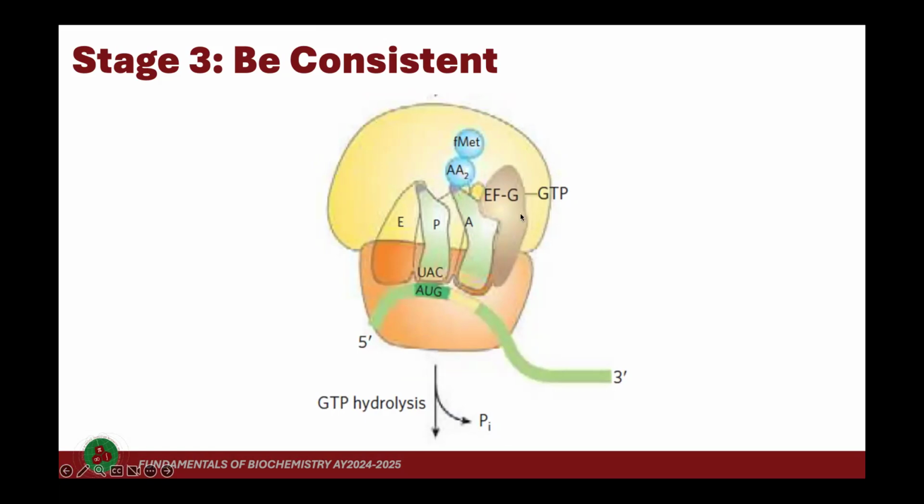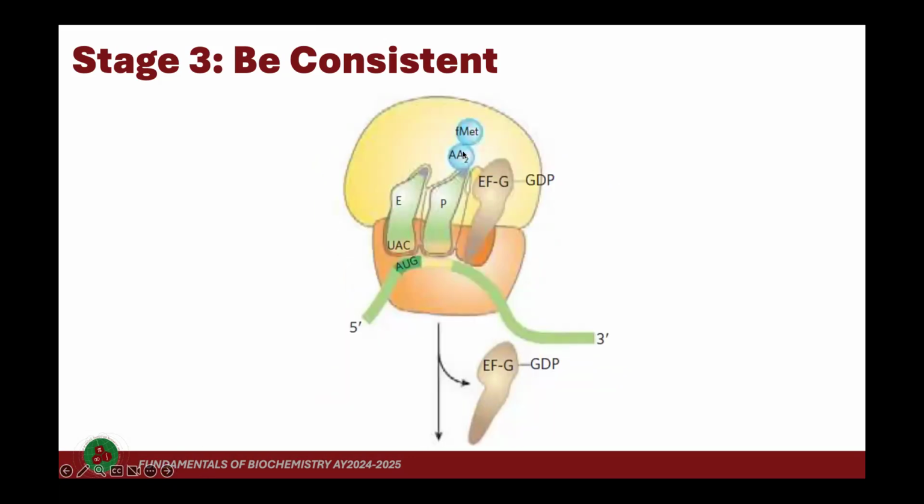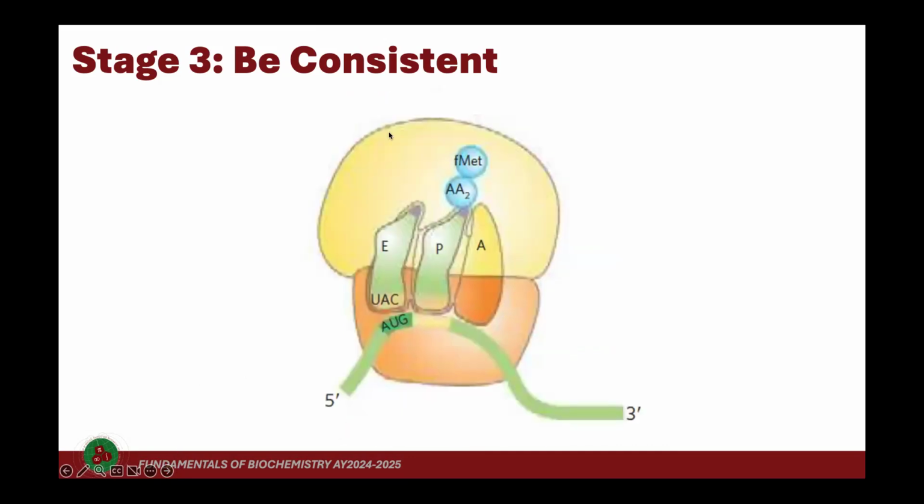So the GTP in EFG is hydrolyzed, and that provides the energy for the translocation or the movement of your ribosome by one codon along the mRNA transcript. So the EFG is removed from the A site, and now you can repeat the process. The tRNA in the E site will dissociate, so it will now exit, and then you now have an empty A site ready for another round of peptide bond formation.